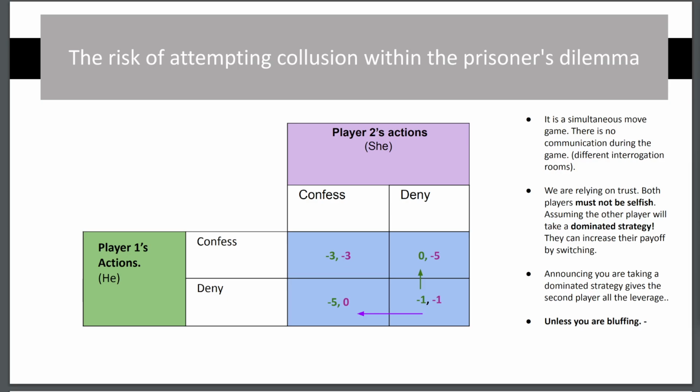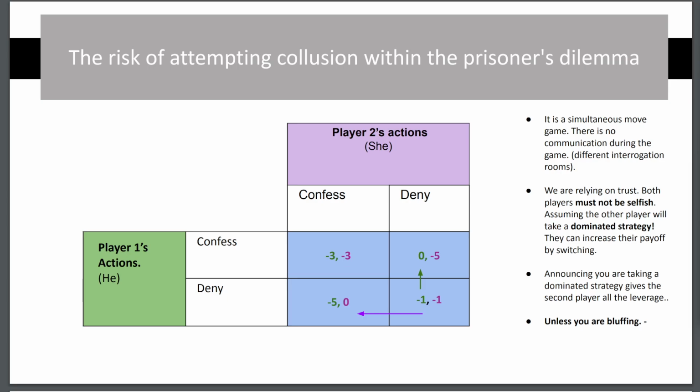Countries negotiating carbon emissions limits face incentives to defect for economic gain, jeopardizing collective climate goals. Trade wars. Nations imposing tariffs risk mutual losses, but may still defect to protect domestic industries. These examples show the dilemma's relevance in contexts where trust, communication, and enforcement mechanisms are limited.